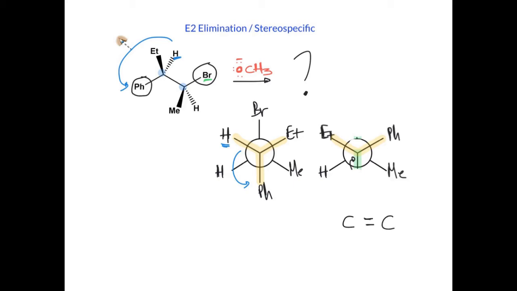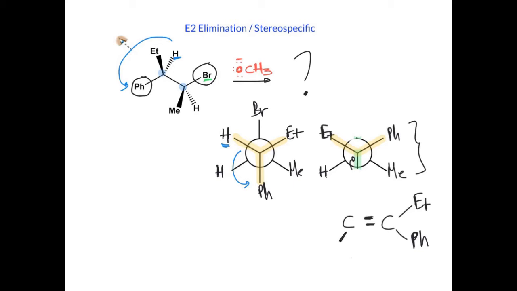showing that one of the carbons will have the ethyl and the phenyl substituents, while the other carbon will have the hydrogen and the methyl. And we see here that the methyl and the phenyl will be close.